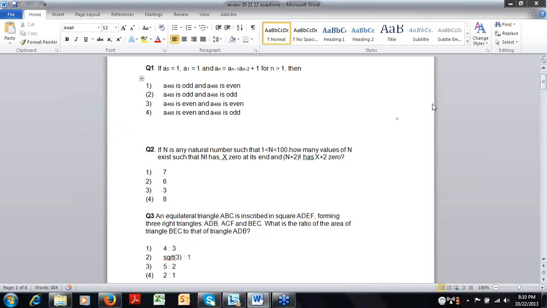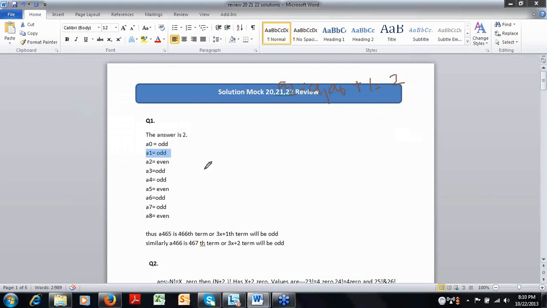So similarly we can calculate a2, a3, a4. a2 we can calculate as a1 into a0 plus 1, which is 2. So a2 is even.